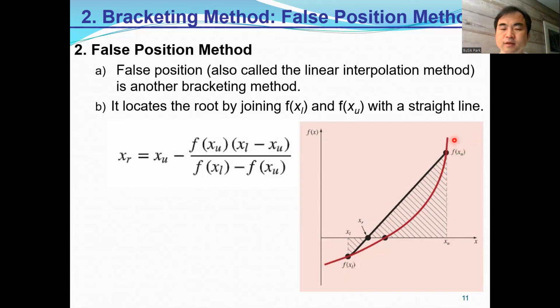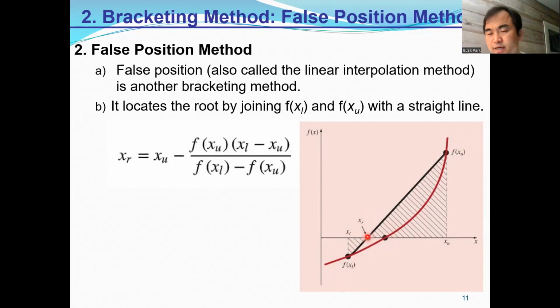Using that equation, we can calculate the y equals 0 point, and that point would be our next new point xr. And then the rest is similar to the bisection method.